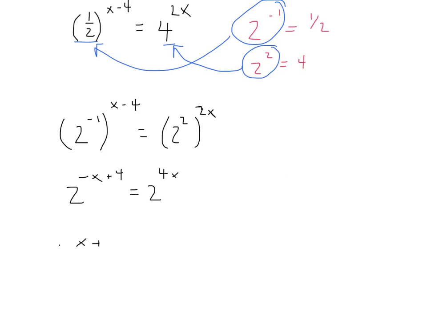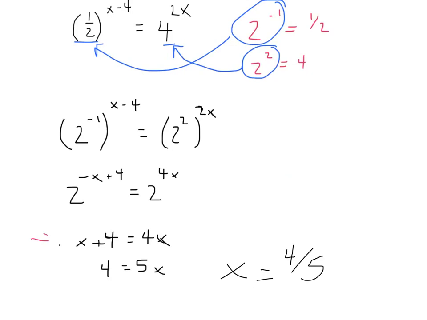Negative x plus 4 is equal to 4x. Adding x to each side, I'll get that 4 is equal to 5x. And x is equal to 4/5. Now, in theory, I could make these problems a lot more challenging by making it so that you've got something much more difficult to deal with when you get to this step here, but for the time being, we're really not going to go there.